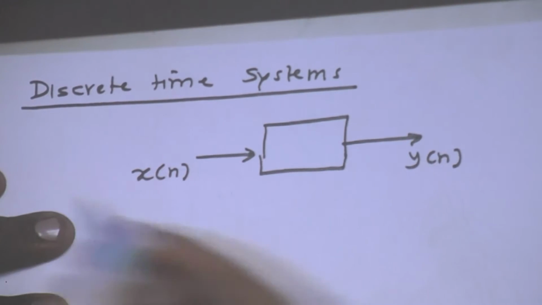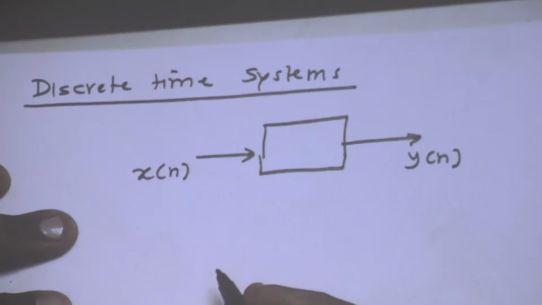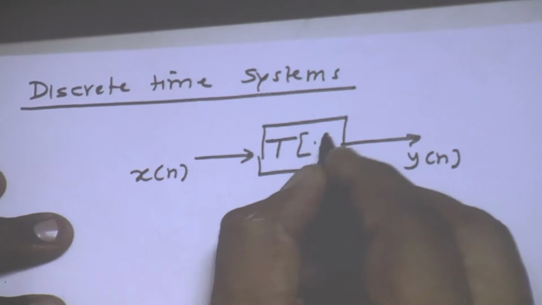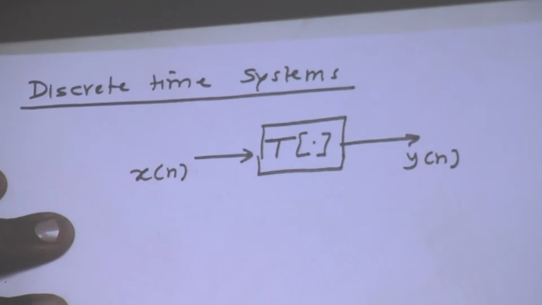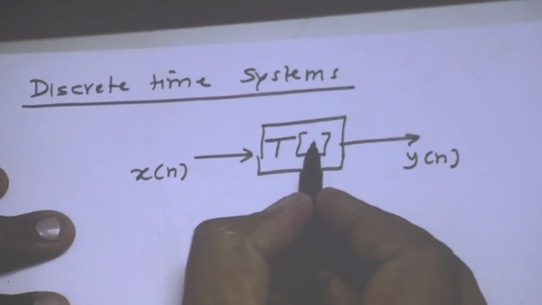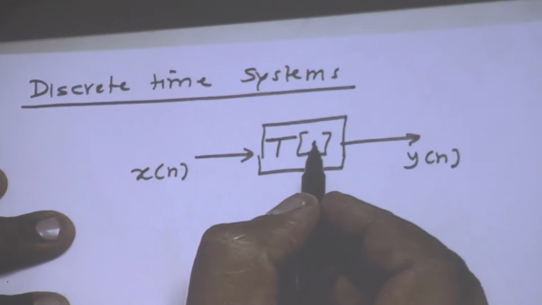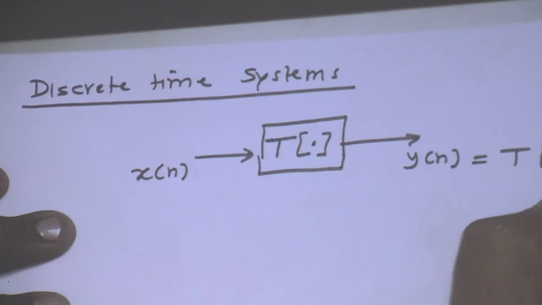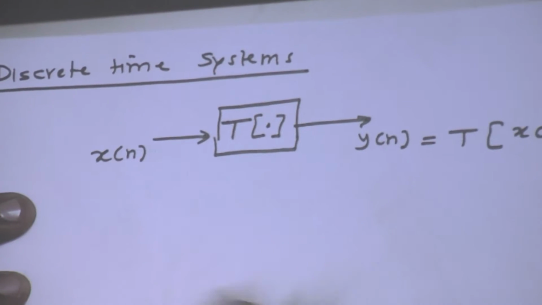It is processing the input signal to produce the output signal y of n. So it is going to be a transformation applied on x of n. This dot is x of n. Transformation applied on input gives you output. So y of n is a transformation applied on x of n.